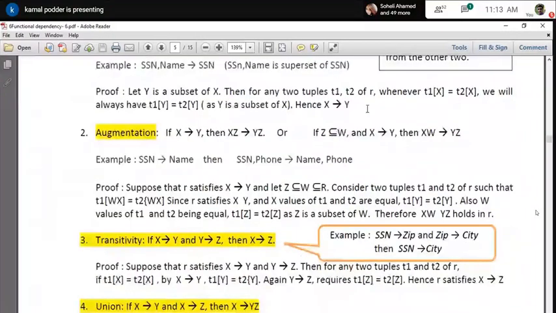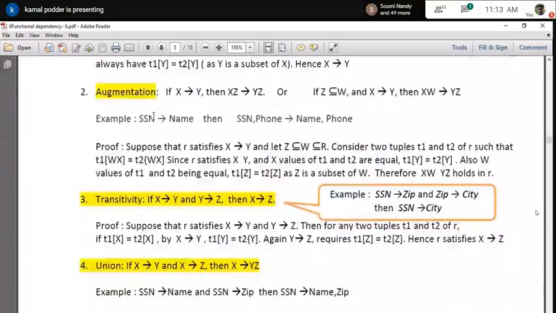Augmentation, what is augmentation saying? Suppose there is an FD like this, Y depends on X. Then if you add another attribute or attribute set on both sides, the same dependency will hold good.